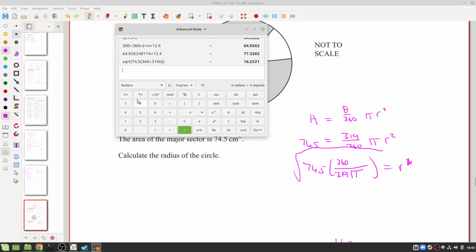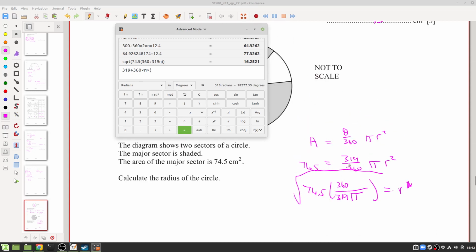So let's say we have 319 over 360 times pi times, what did we find for radius? 16.3. So 16.3 squared. Well, that's not going to be completely accurate because it's rounded off, but it should be close enough.